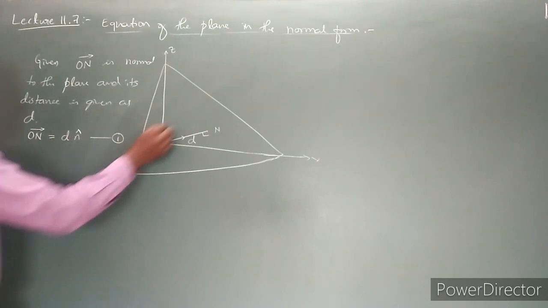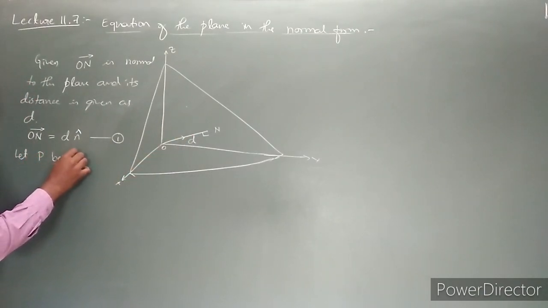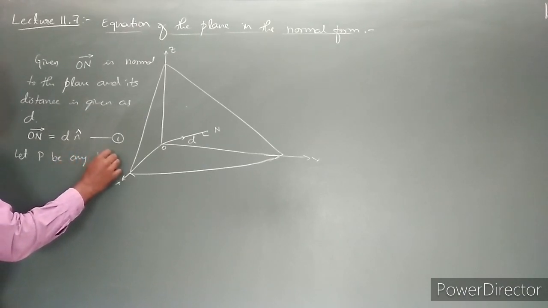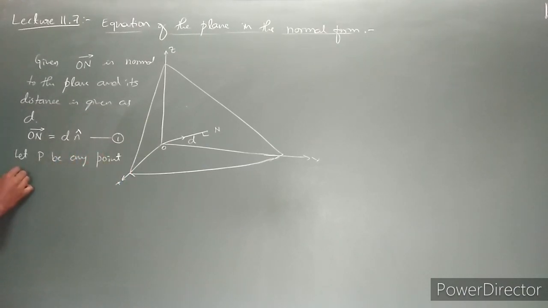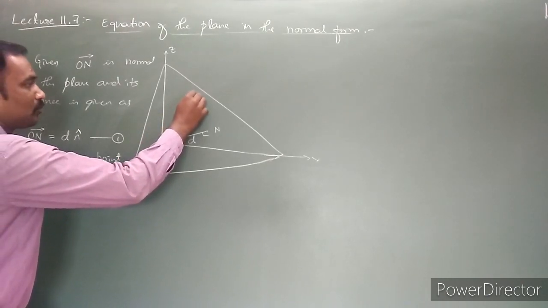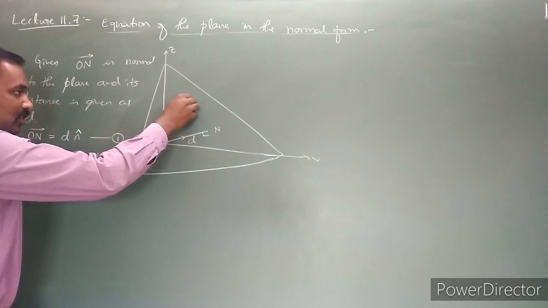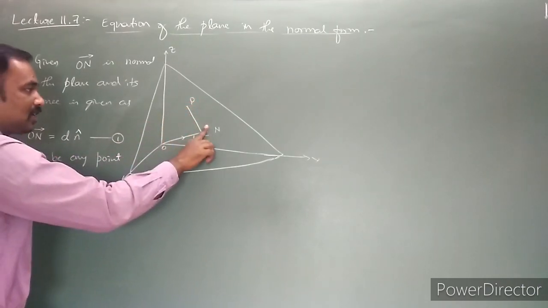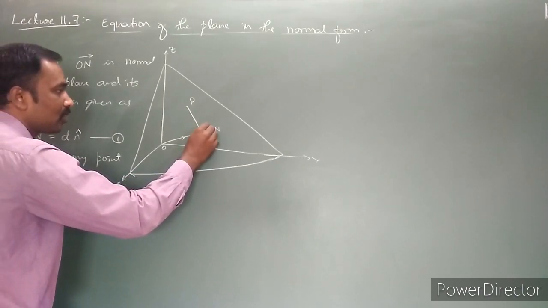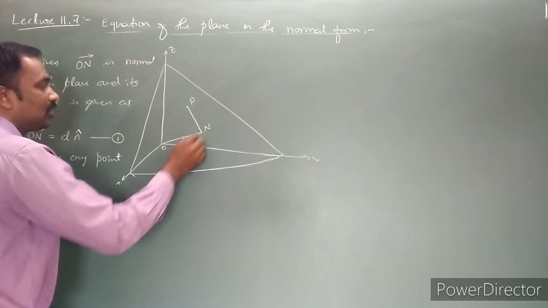Next, let P be any point on the plane. Suppose this is the point P. Then I draw the line from P to N, this direction.